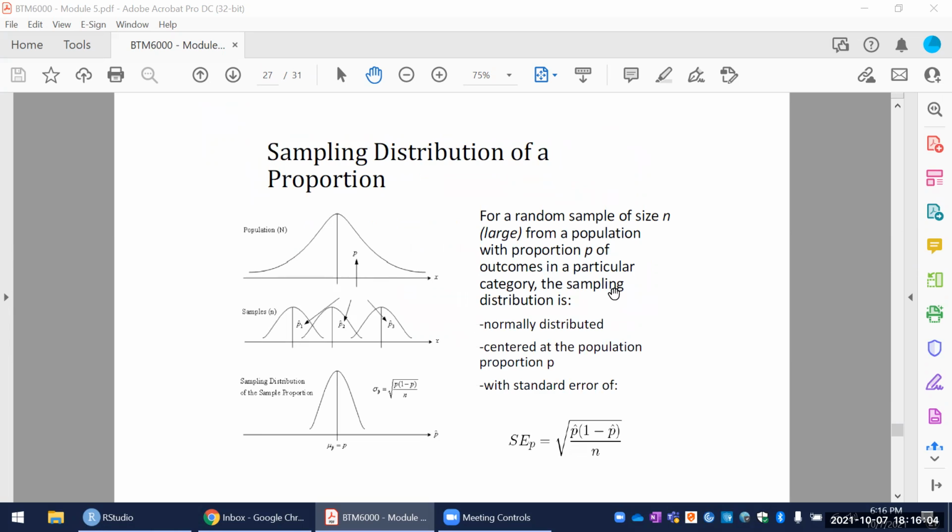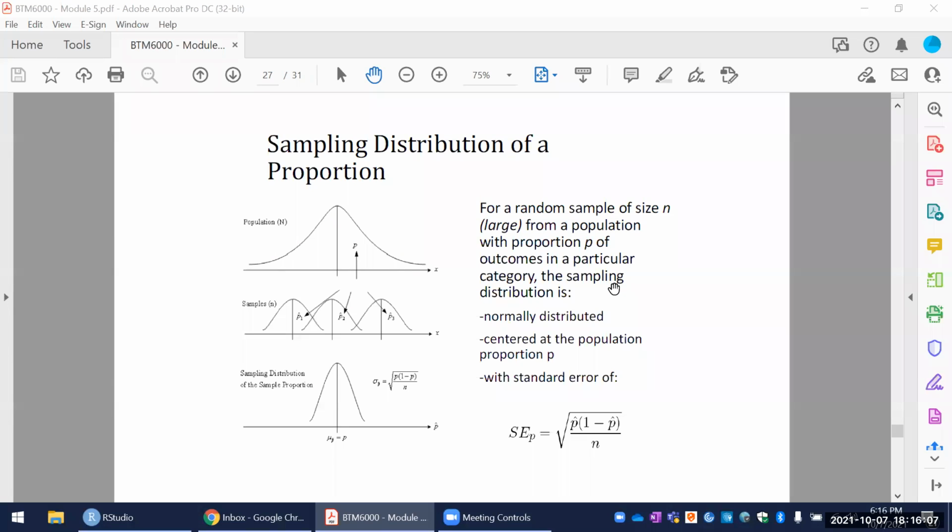Now, the sampling distribution of a proportion, and this is where it gets interesting. If you remember, we have the normal approximation for the frequency distribution.